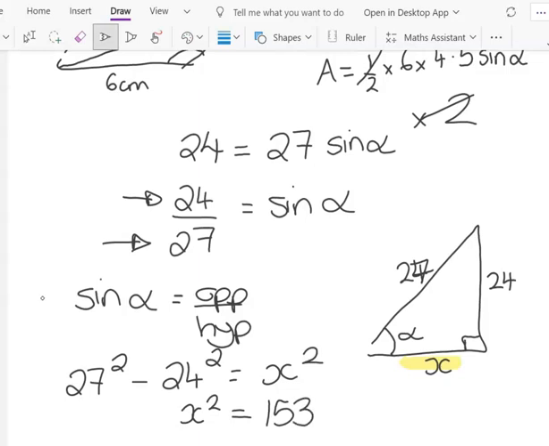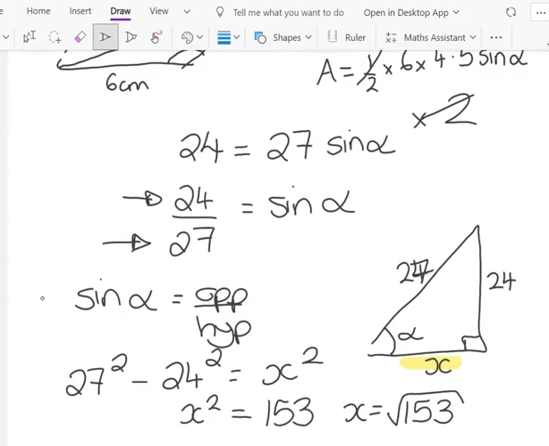I'm not very confident with my numbers here, by the way, because I'm doing this on a terrible computer. So x is equal to root 153. Now, if we do the square root of 153, it's 12 point something. I'm trying to think if there's any square numbers in there. So 153, can we divide it by 4?